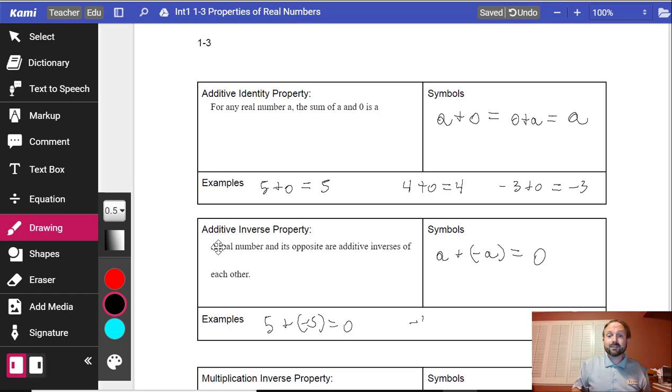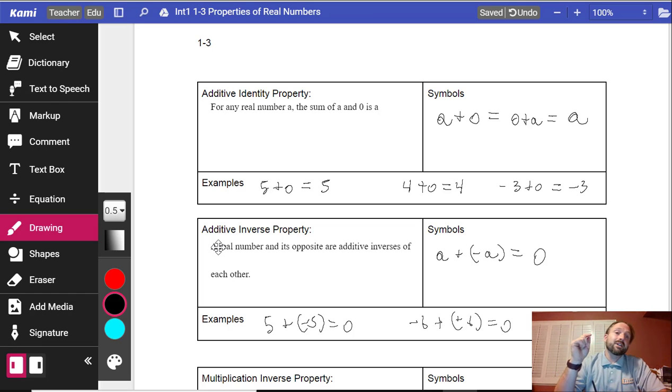What if I had negative 6? What's the opposite of that? Negative negative 6, or positive 6, will equal 0. In each of these cases, the inverse is, hey, what cancels this out? And if we're adding to cancel out, we want to get it to 0.